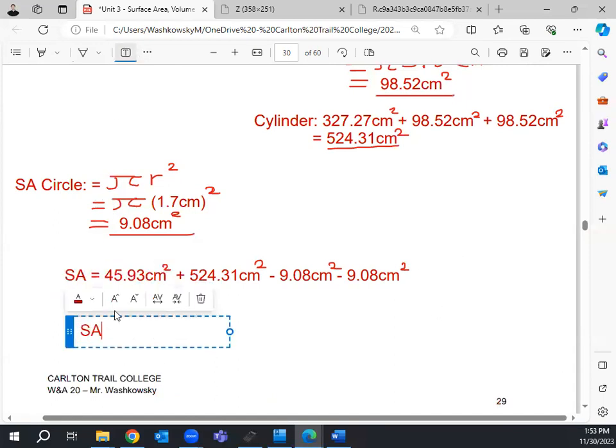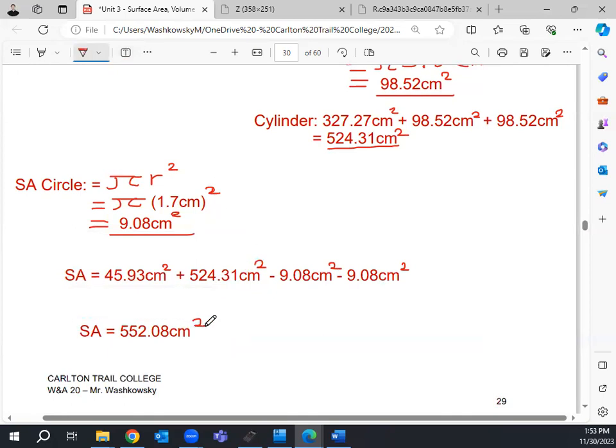So my total surface area now is just going to be all those numbers combined. If you punch that in your calculator, you should get 552.08 centimeters squared. And that's my final answer. I'm going to circle it.